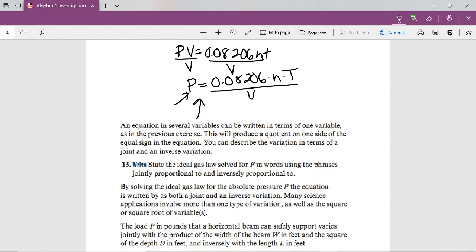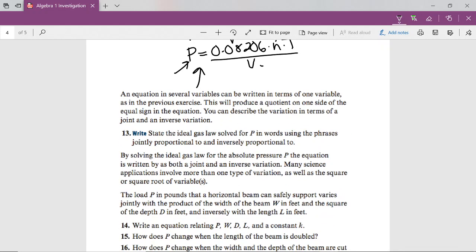So P is jointly proportional to N and T, and P is inversely proportional to the denominator V. So using those words, we would say once again, pressure is jointly proportional to N and T and inversely proportional to V.